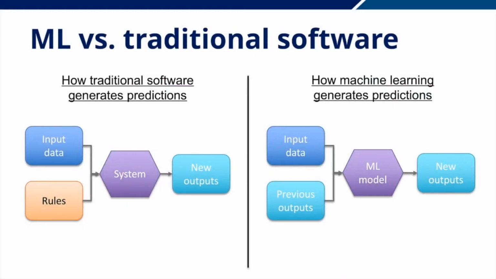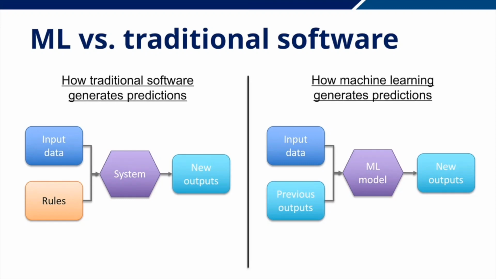Let's now take a look at the difference between how traditional software generates predictions and how machine learning generates predictions. With traditional software systems, we take a set of input data and a set of rules that we provide to the software system, which the system can then use to generate new outputs.